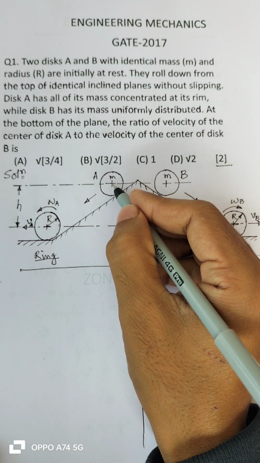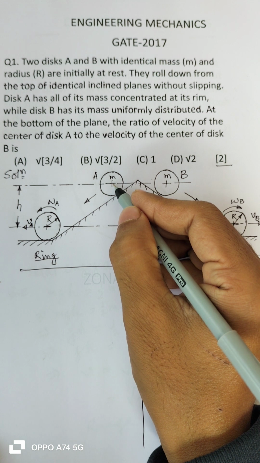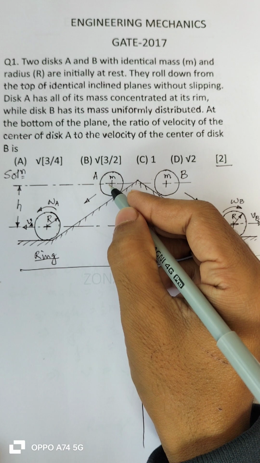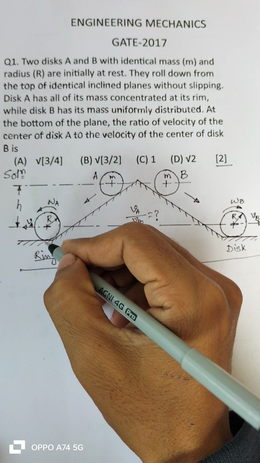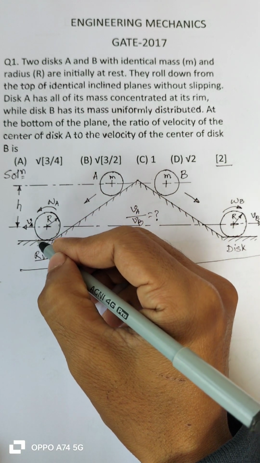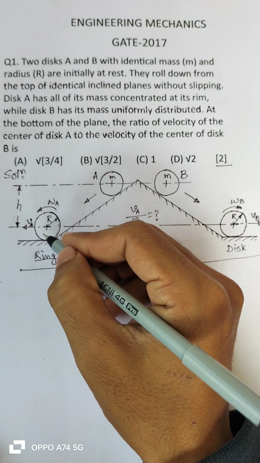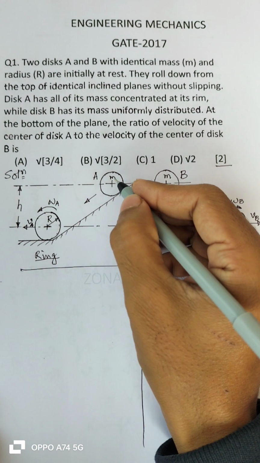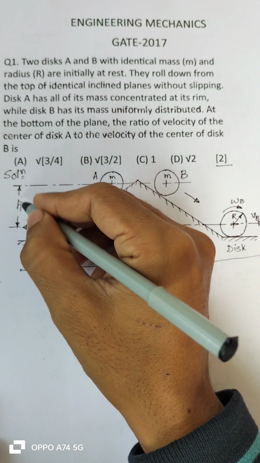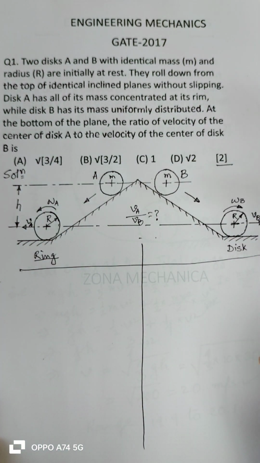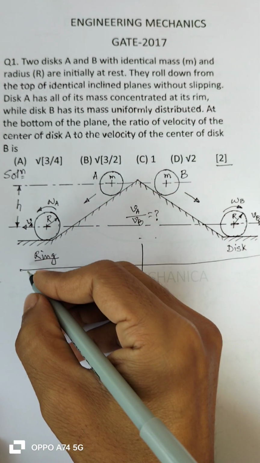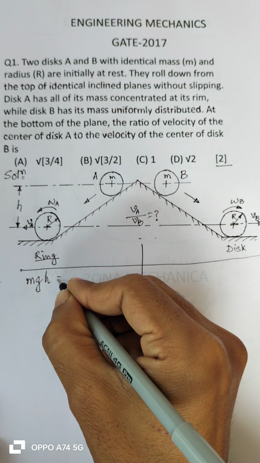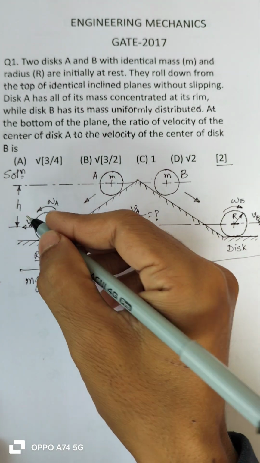At the top position, both the disks are at rest, so only these are having the potential energies, while at the bottom position, when they are touching the bottom surface, they are having only kinetic energy, no potential energy. Okay, let this height be h, then the potential energy will be m into g into h. So this will be equal to the kinetic energy here.